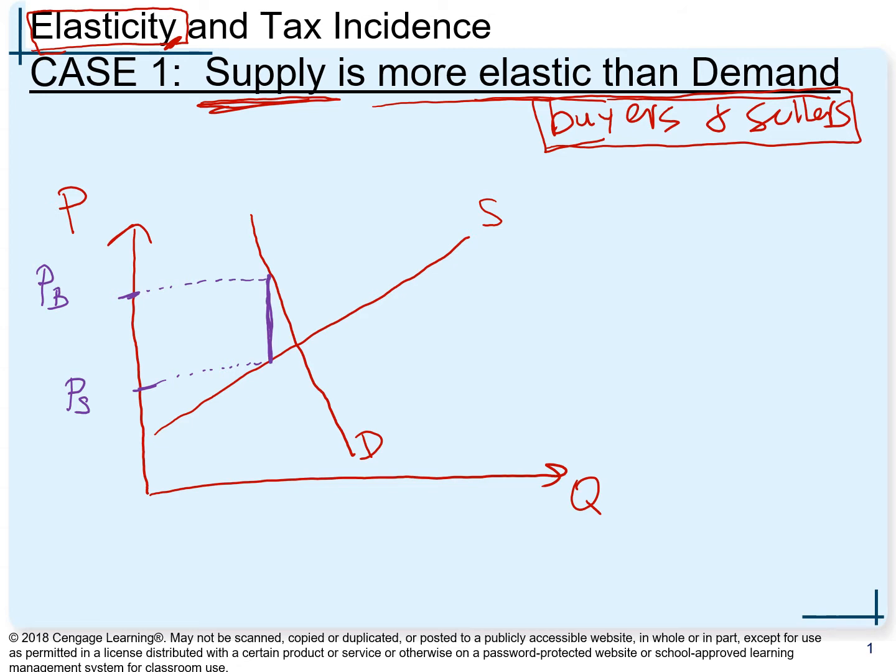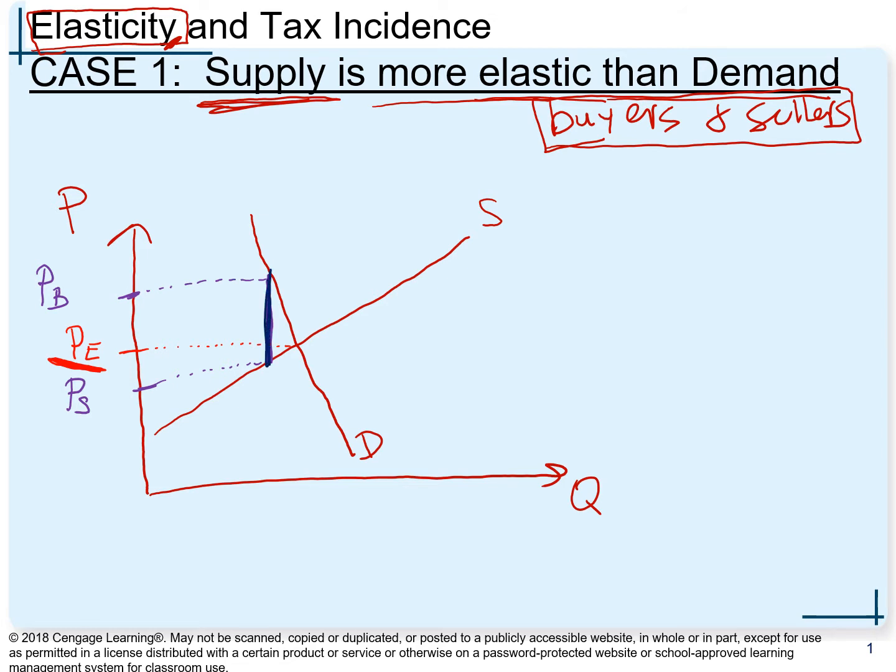Guys, remember, this is our equilibrium. This is our initial price equilibrium before we impose the tax on the market. Remember, when we had this equilibrium price, buyers paid this price, and sellers kept this money. Now, when we impose the tax on the market, something is going to change.